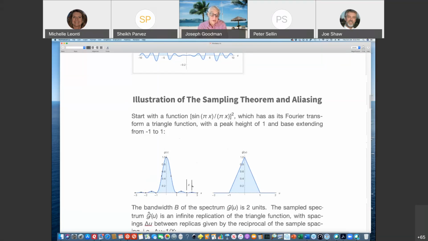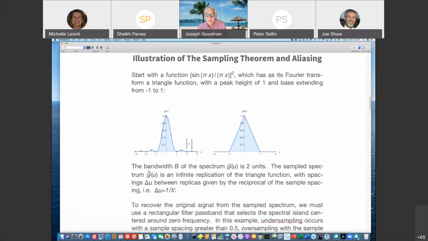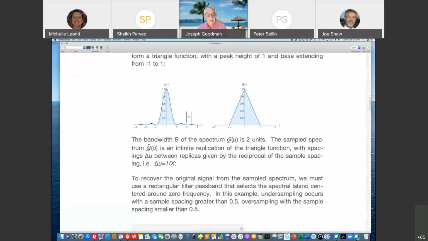Those sampling points are separated by a distance that I will call x. That's the sampling interval. So the bandwidth of the triangle function in the frequency domain is 2 units, -1 to 1, whatever those units represent.